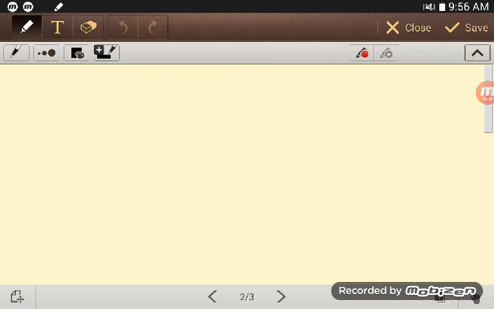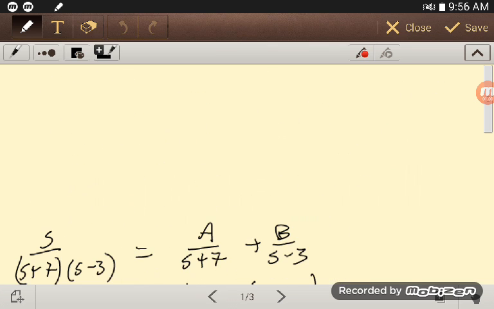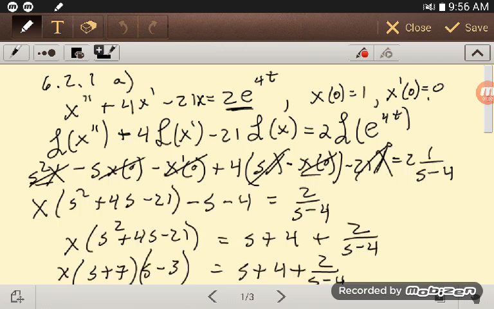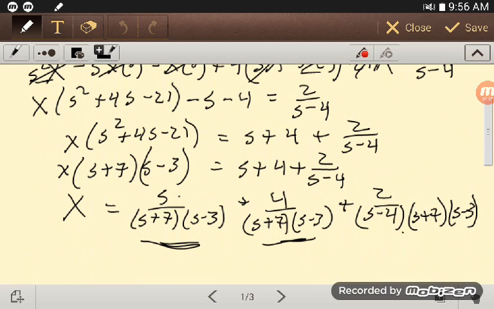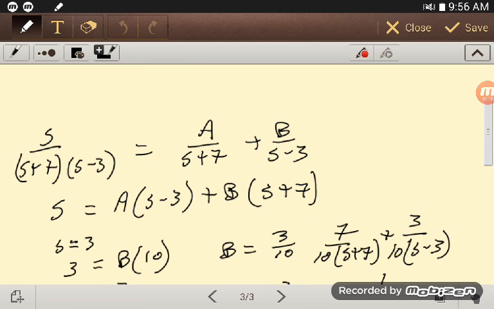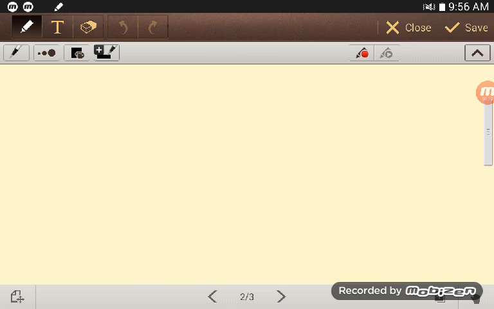So let me do a page 3. Okay, I put a page in the middle.